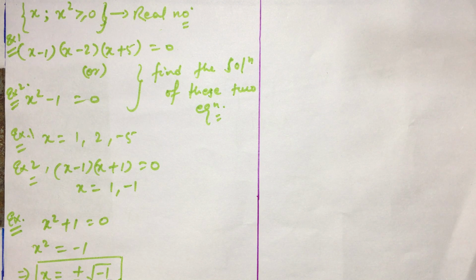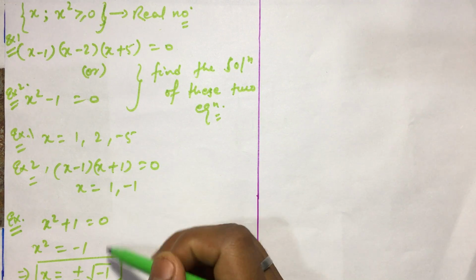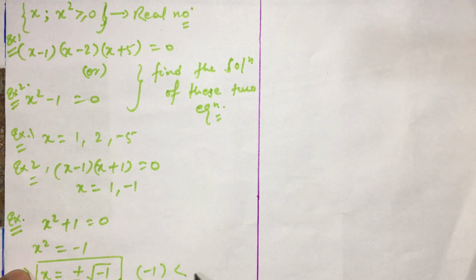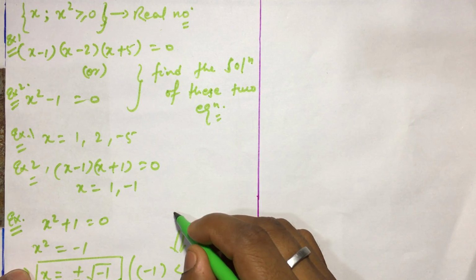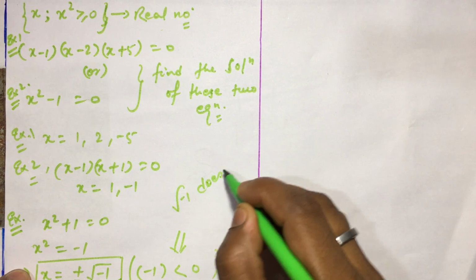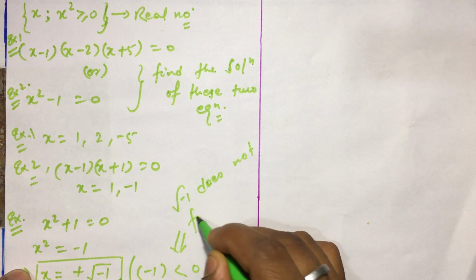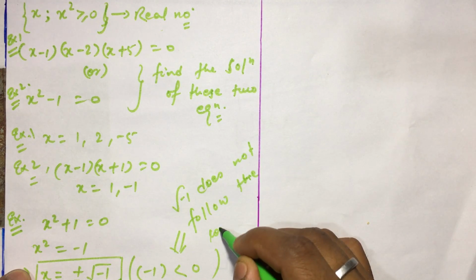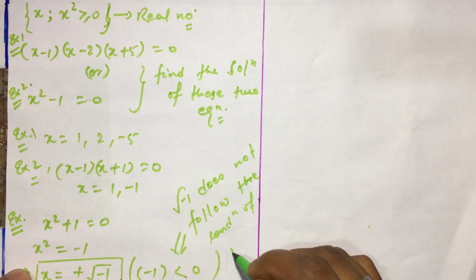If this number is squared, we get minus 1, which is less than 0. So we can say that root over minus 1 does not follow the condition of a real number.